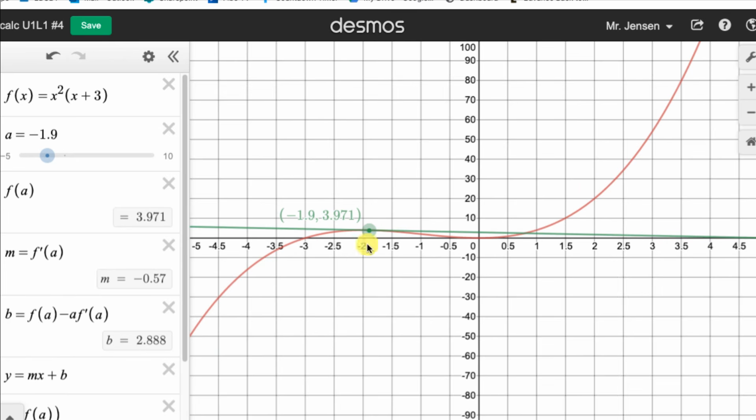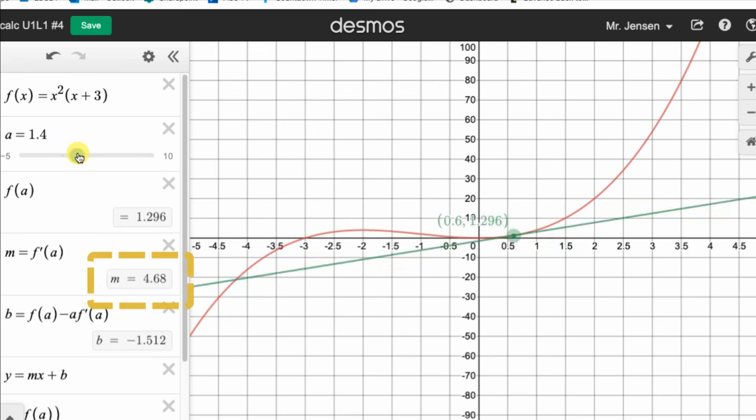Okay, the red function is that original function, the x squared times x plus 3. We're interested in where the slope of the tangent is 24. Remember, the equation of the derivative tells us the slope of the tangent, and I have Desmos finding the slope of the tangent for us right here. We want to know, when is that 24?